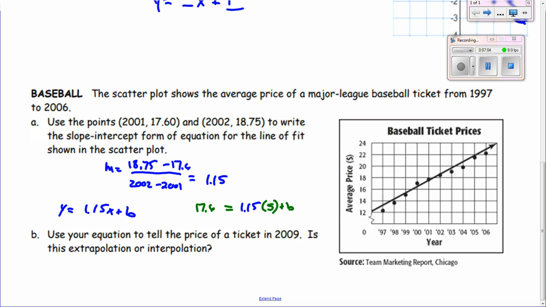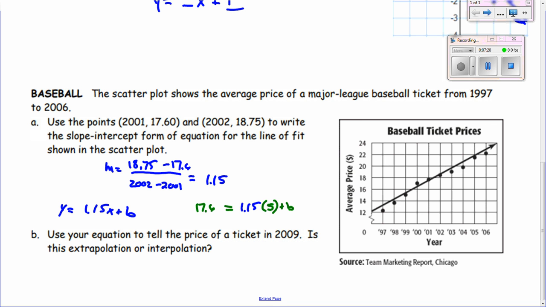So we do 1.15 times 5, which gives us 5.75. We do 17.6 minus 5.75. It gives you 11.85. So that's what the estimate would be for this line of best fit.